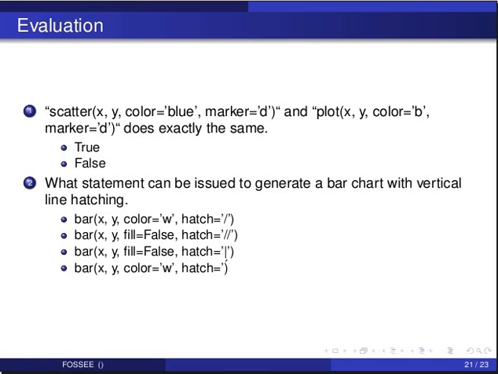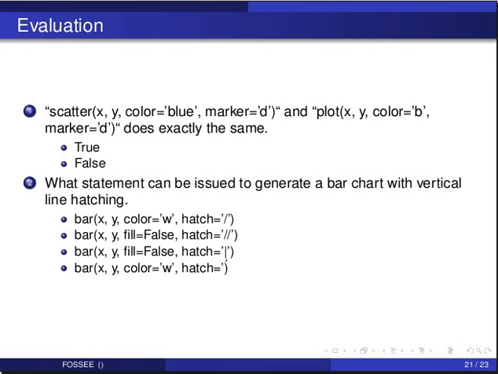One, bar within brackets x, y, color is equal to in single quotes w, hatch is equal to slash. Second one is bar within brackets x, y, fill is equal to false, hatch is equal to within double quotes double slash.